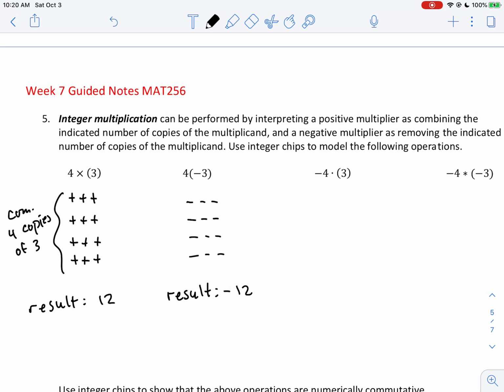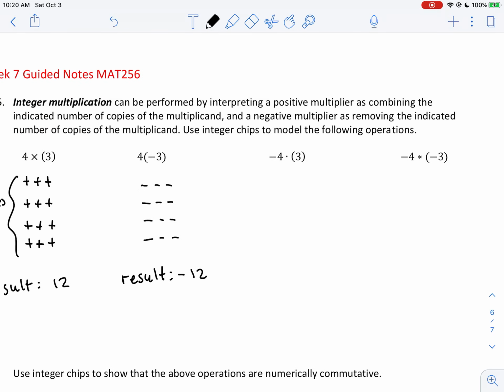Okay, so imagine doing 4 copies of 3, but then remove those from a 0. So you want to create these 0 pairs, so you have all these negatives. And if you remove 4 copies of 3 from something, that's like removing 12 from something.